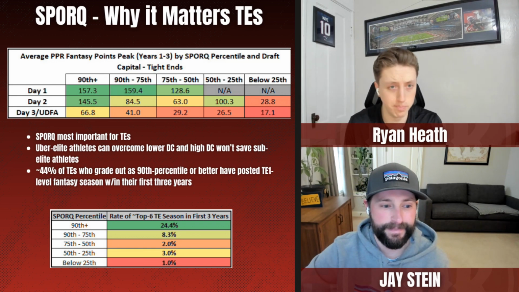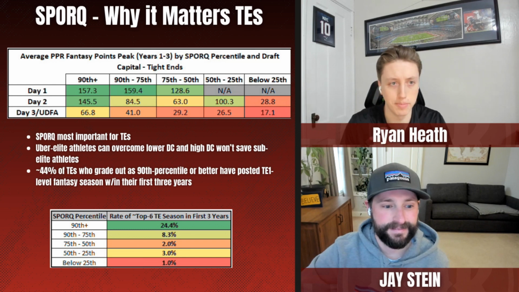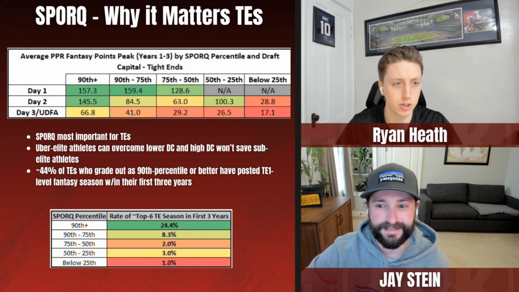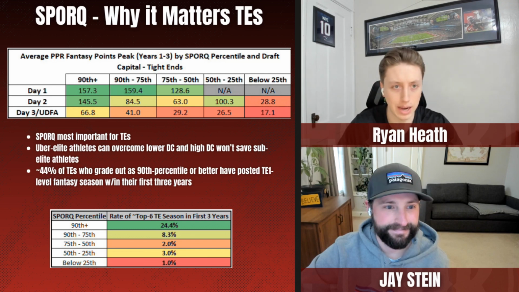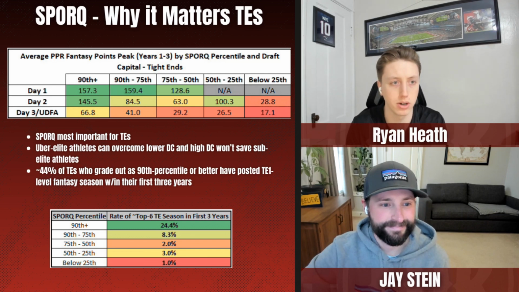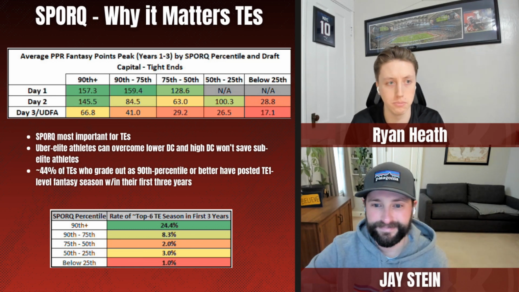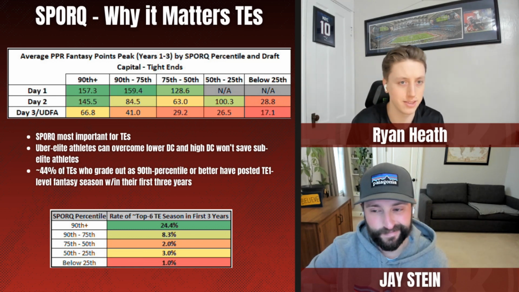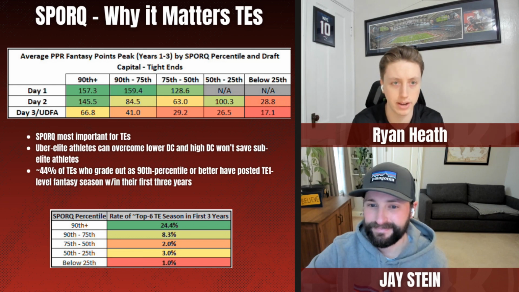Yeah, so the biggest thing that should immediately jump out to anybody looking at this top chart is that the day 2 tight ends that are hyper athletic, so 90th percentile Sporq or better, are having pretty similar production outcomes to the day 1 tight ends that are very athletic, right?